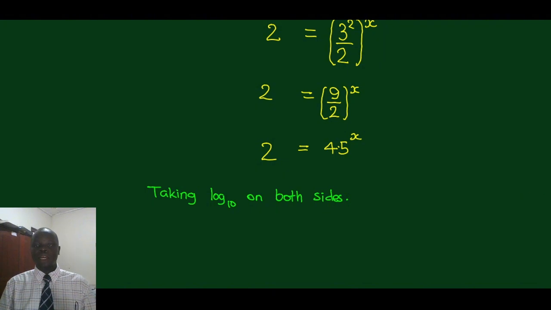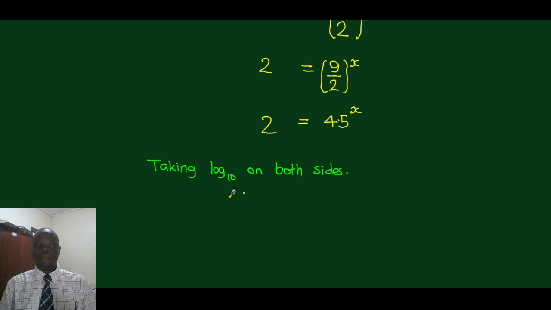So here, from the left hand side we have logarithm to the base 10 of 2 equals logarithm to the base 10 of 4.5 to the power of x.